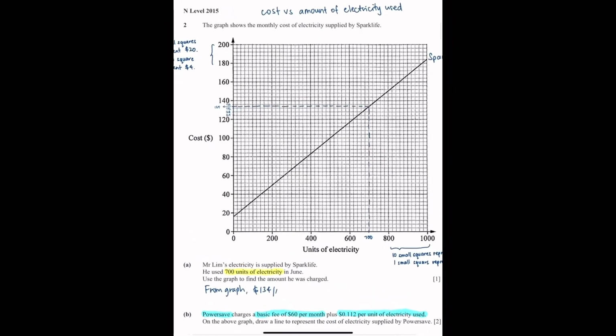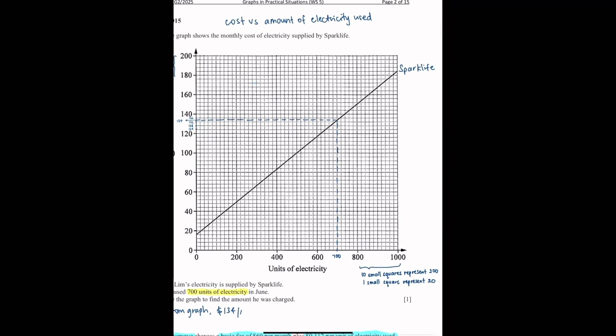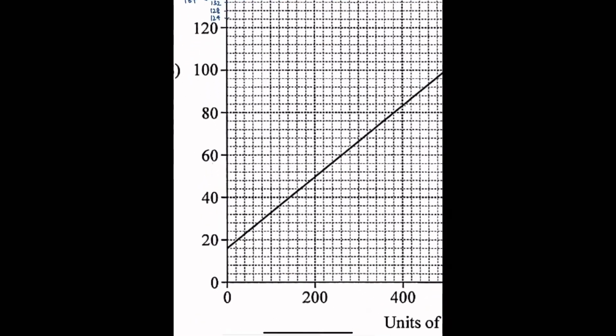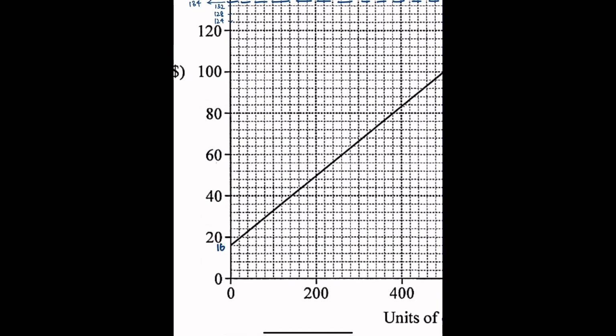We look at SparkLife first. If you notice, for SparkLife, there is a y-intercept here. When 0 units of electricity are used, I have to pay a payment. This is what we call the basic fee. So the basic fee for SparkLife is $16.